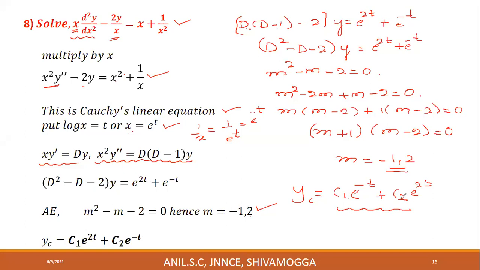So c1 into e power minus t plus c2 into e power 2t, or you can write it as c1 e power 2t plus c2 e power minus t. In either way, you can write that.